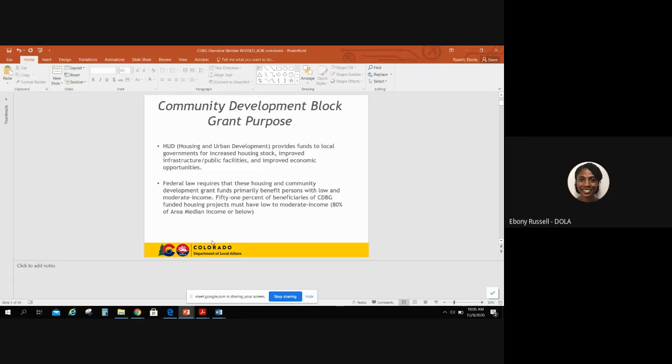HUD provides funds to local governments for increased housing stock, improved infrastructure and public facilities, and improved economic opportunities. The federal law requires that these grants primarily benefit persons with low to moderate income. So 51% of all beneficiaries of CDBG projects must have incomes at 80% AMI or below.